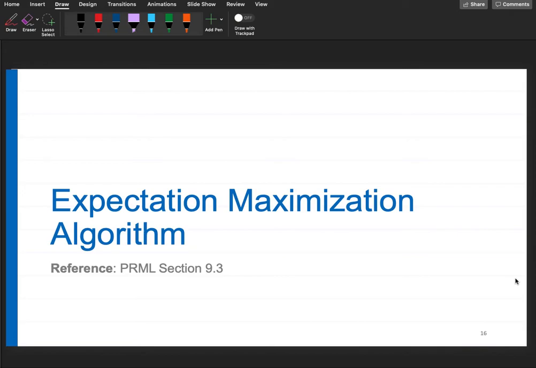Okay, now coming to a very general form of this algorithm, which we just now discussed. So basically, GMMs are not the only latent variable models. We can have so many latent variable models. And for all the latent variable models, one approach which is very useful is expectation maximization algorithm.